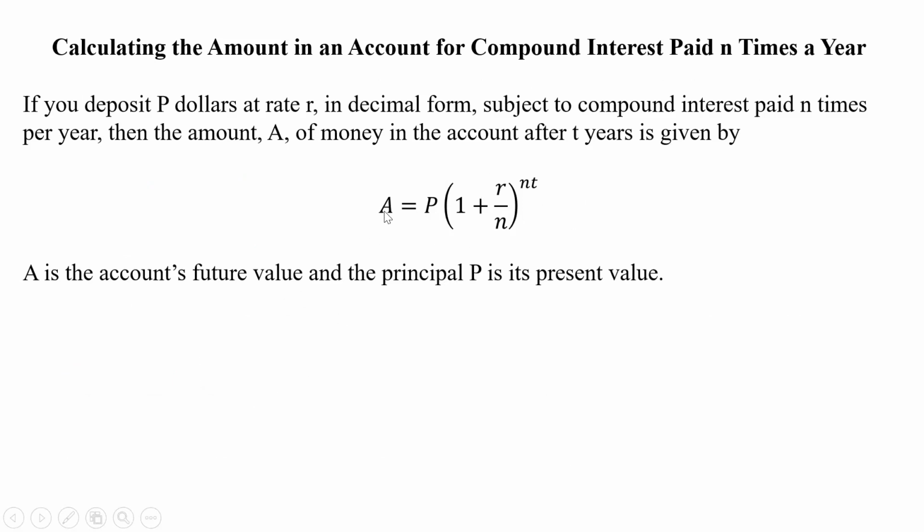Basically, the future value is going to be the principal times (1 plus the rate in decimal form divided by the number of times it's compounded per year), raised to the power of the number of times it's compounded per year times the number of years. That's the formula we're going to use to figure out the interest when it's compounded n times per year.